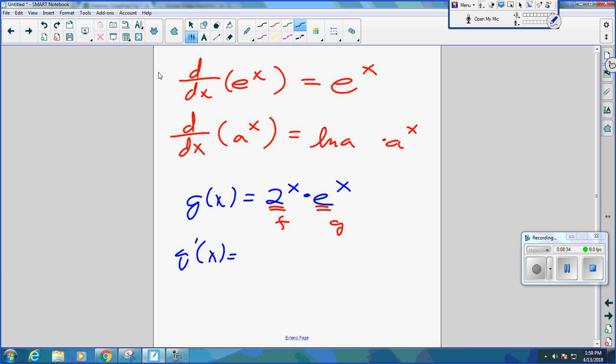The derivative of 2 to the x is ln 2 times 2 to the x, times e to the x, plus g prime is just e to the x. Okay? And this is typically how you're going to see tests in calculus, right? They're going to mix these in to be able to see product rules with quotient rules, or whatever. And again, we've known this rule. We've had this rule come up a little bit.